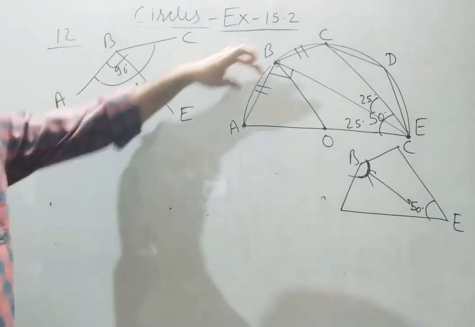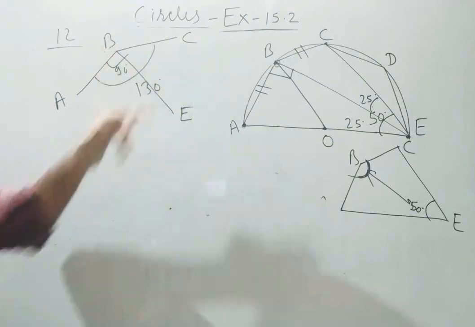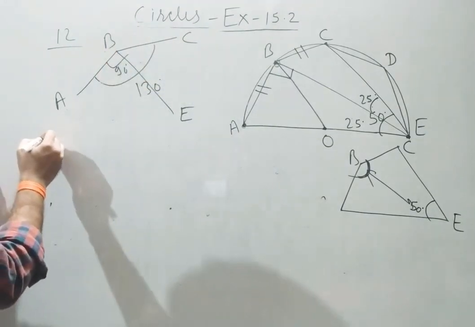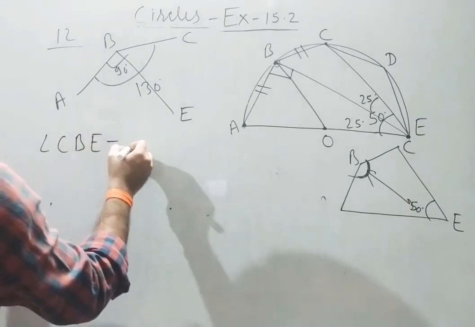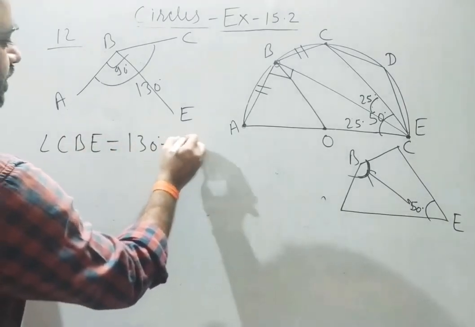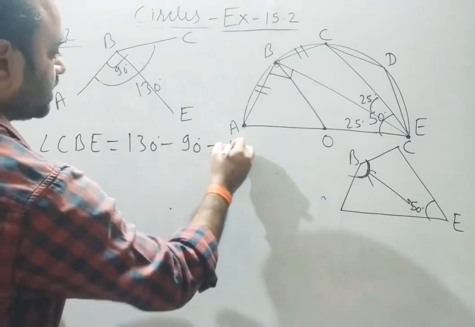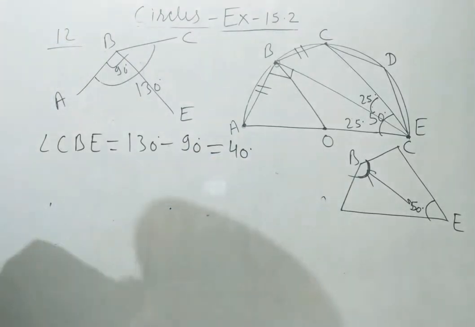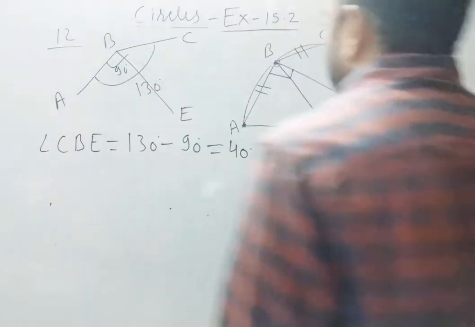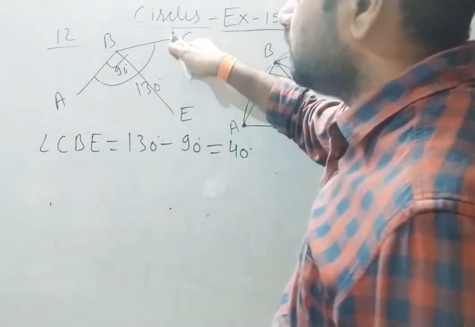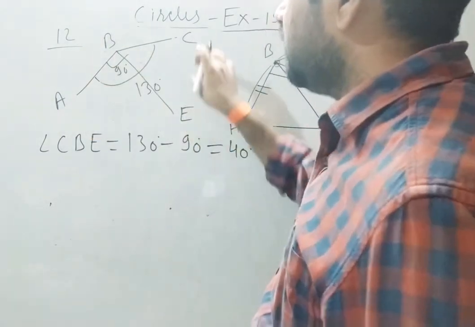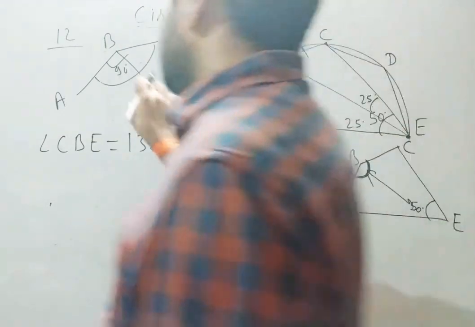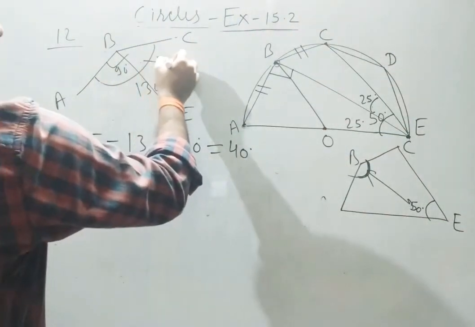ABE is 90 degrees. Therefore, angle CBE will be 130 degrees minus 90 degrees, that is 40 degrees. Correct? Clear? This complete angle ABC is 130. One part, ABE, is 90, and the other part, CBE, will be 130 minus 90, that is 40 degrees.